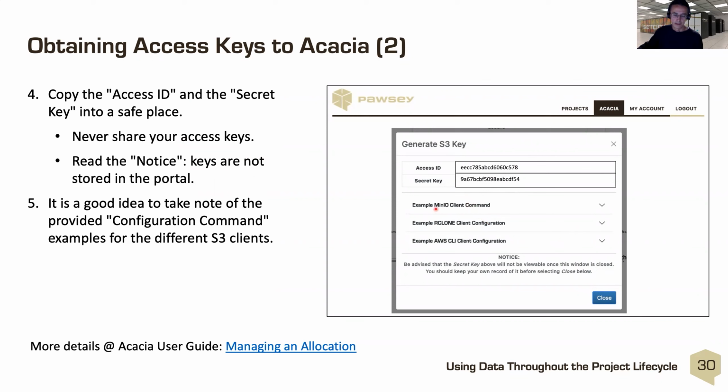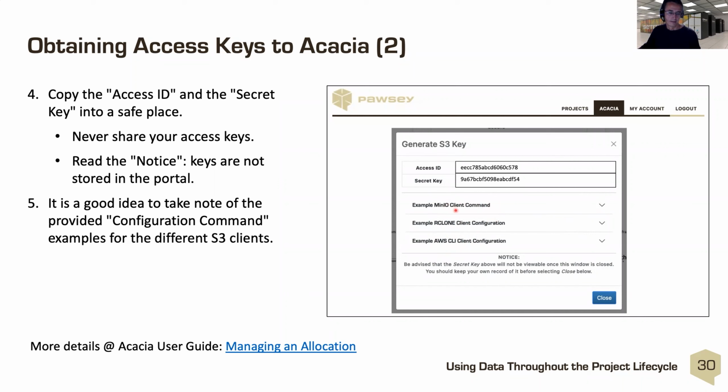Also very important is that there are examples on how to use these keys to configure the access when using the minio client, the rclone client, or the AWS client. I'm not showing those here, but if you click on any of these points, you will see some instructions on how to configure those keys for the different clients.